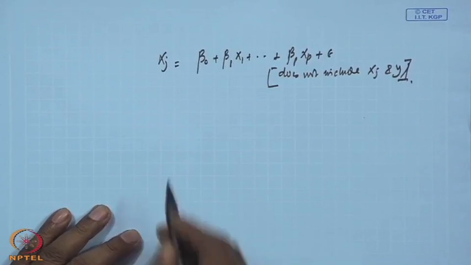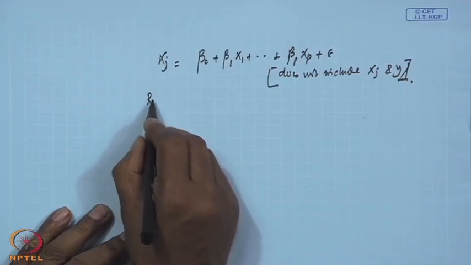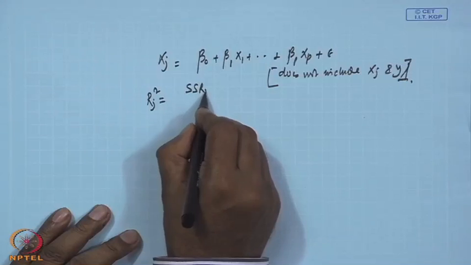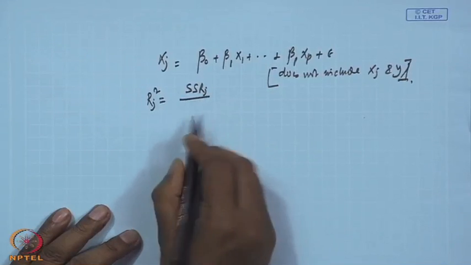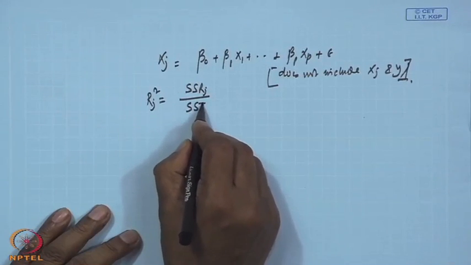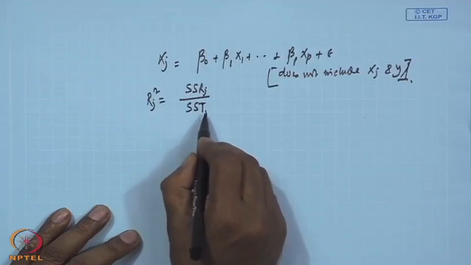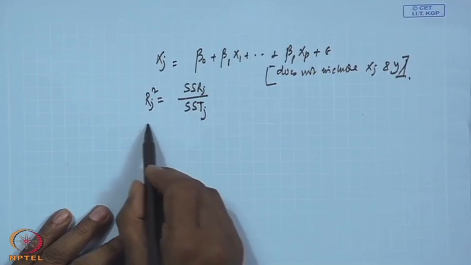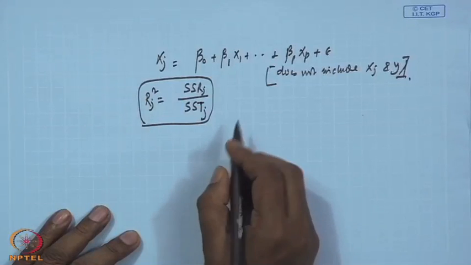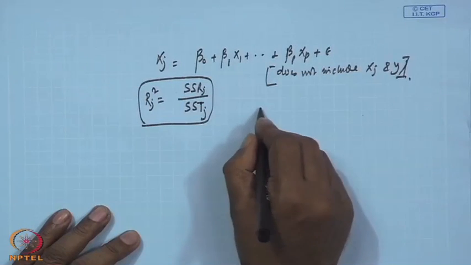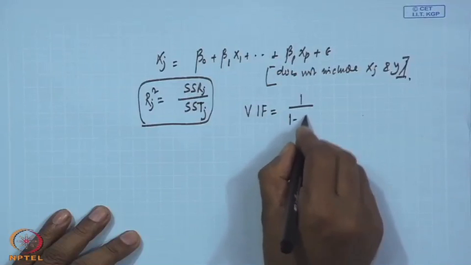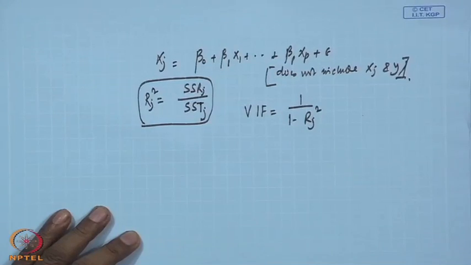Okay. Then you find out the Rj square. That will be SSRj by SSTj, that is for the jth variable. Then you create the variance inflation factor equal to 1 by 1 minus Rj square.